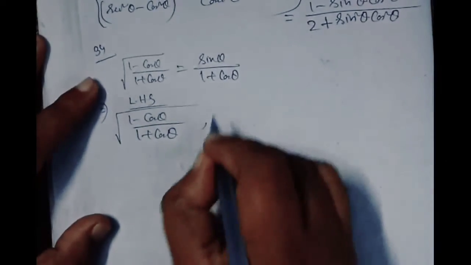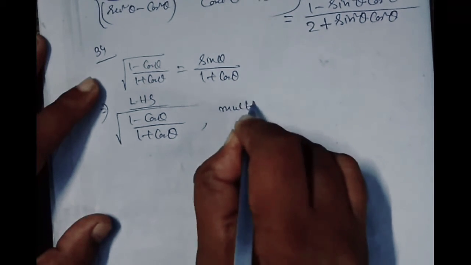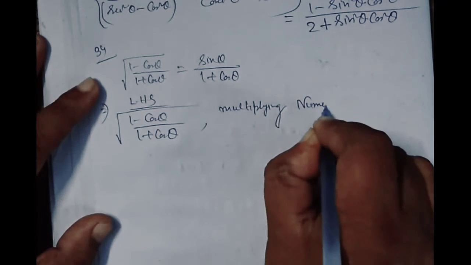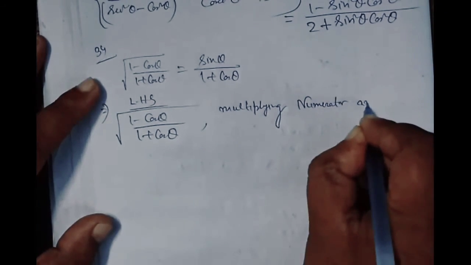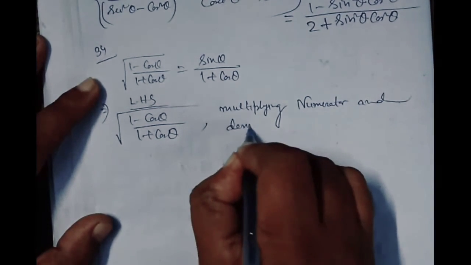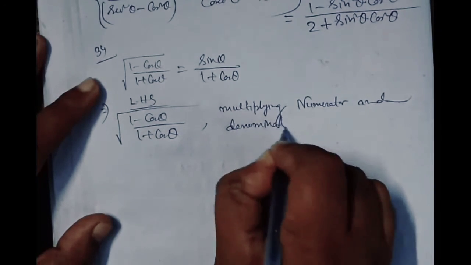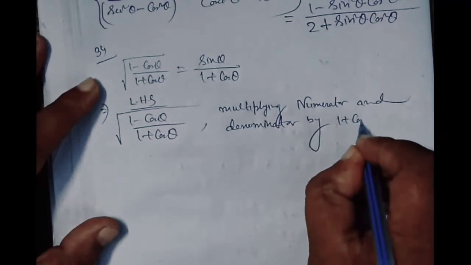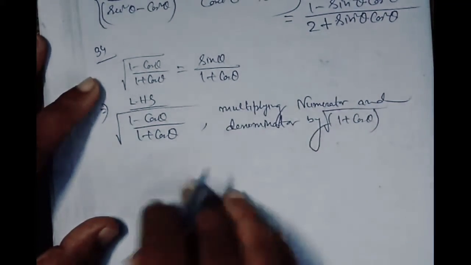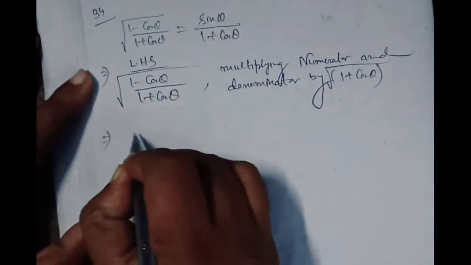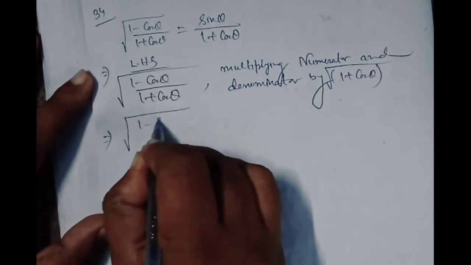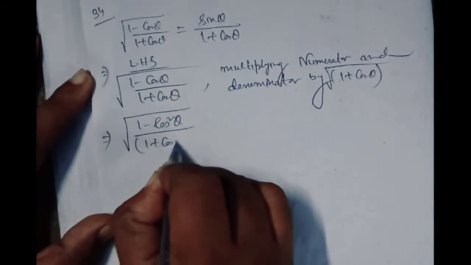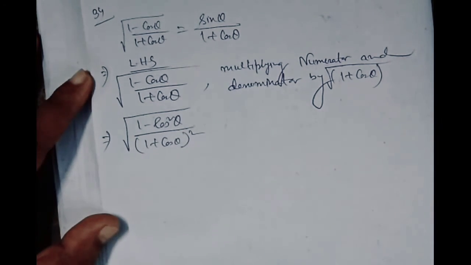Now multiplying numerator and denominator by root over of 1 plus cos theta, what we get is 1 minus cos square theta under root, and 1 plus cos theta whole square under root.